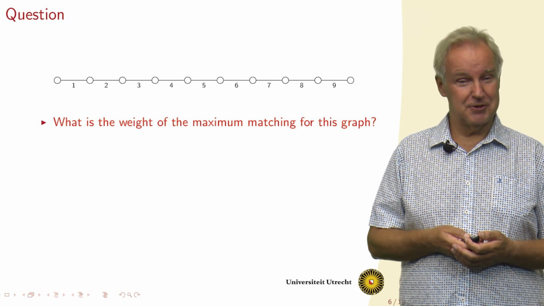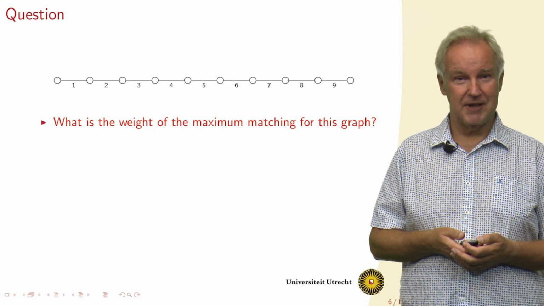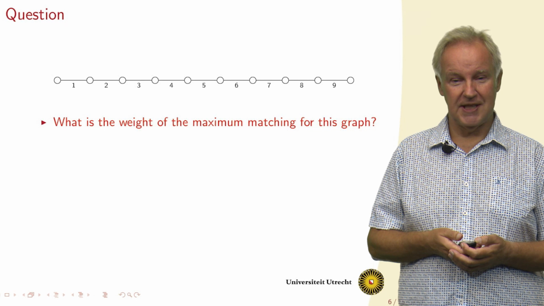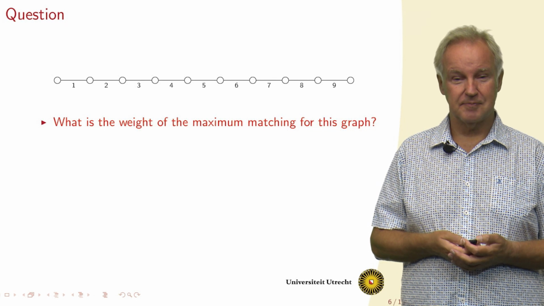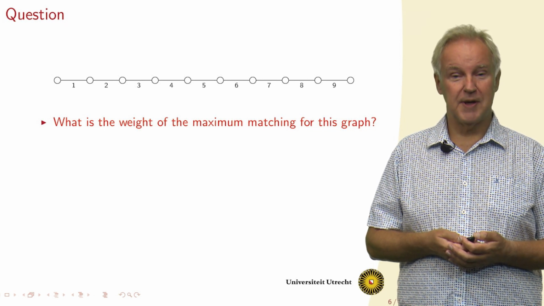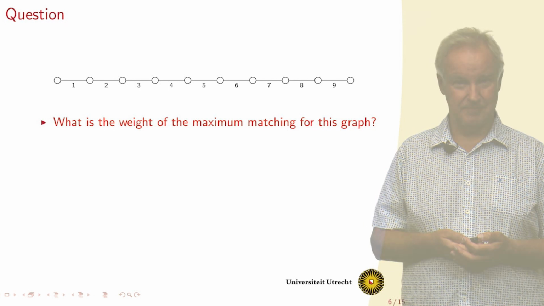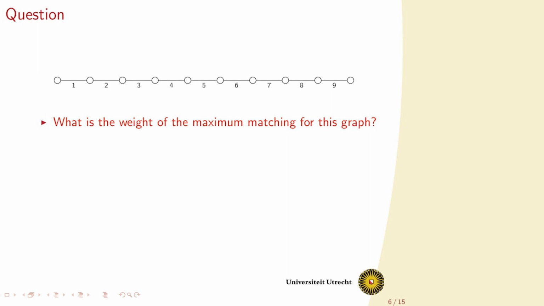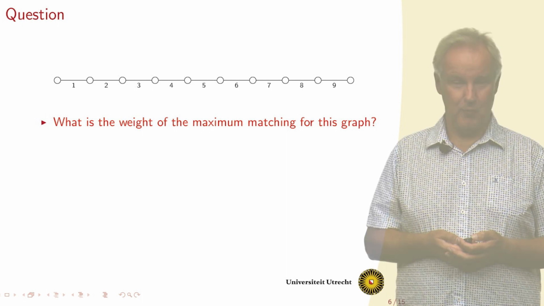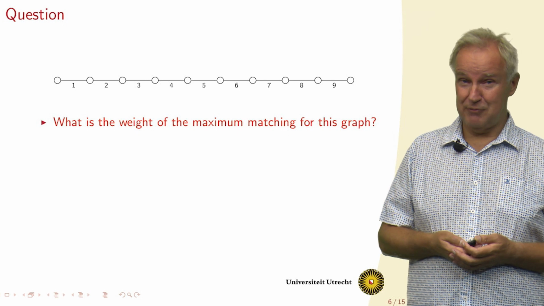So now a question to you. I have a line graph here with weights 1, 2, 3, etc. up to 9. What is the weight of the maximum matching for this graph? Well, the answer is 25.